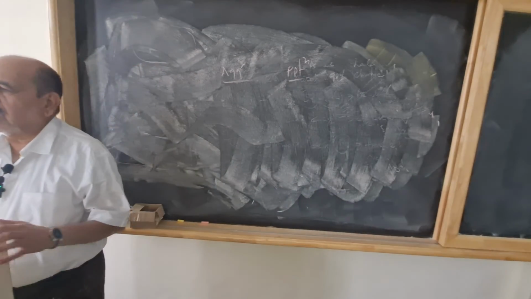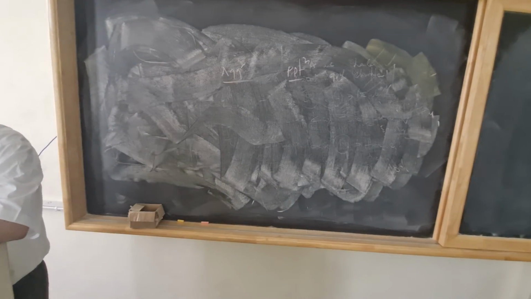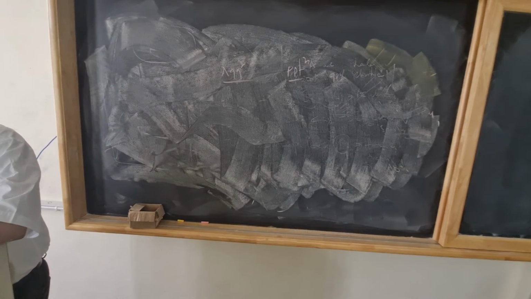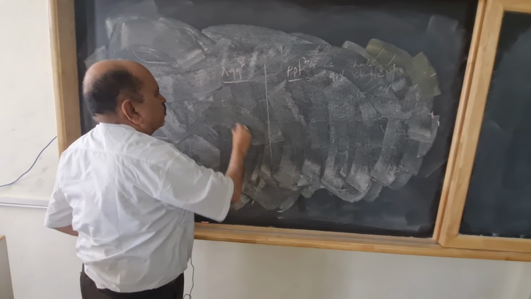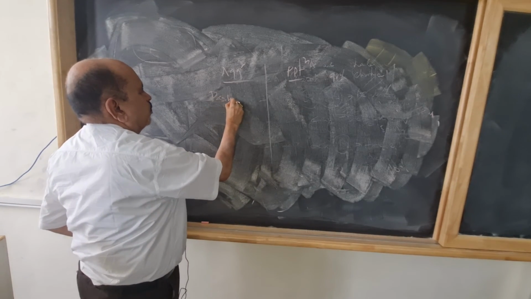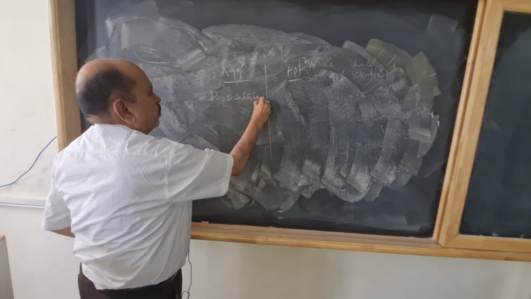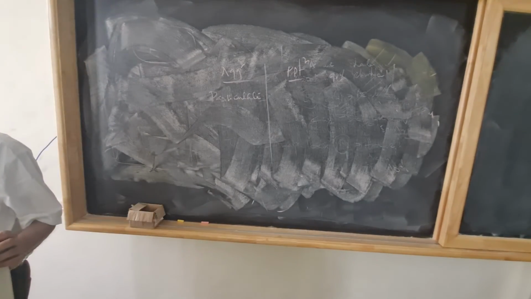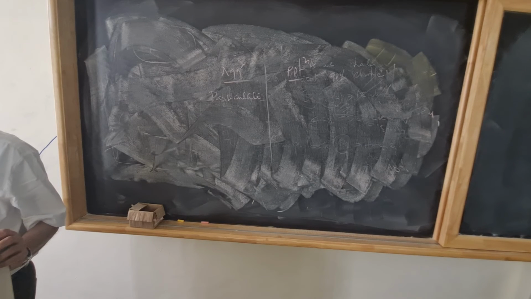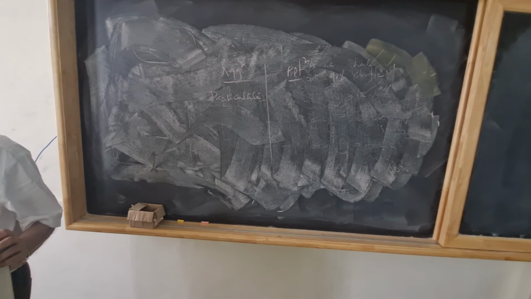What is the difference between agglutination and precipitation test? Agglutination occurs when the antigen is particulate in nature, insoluble or particulate.